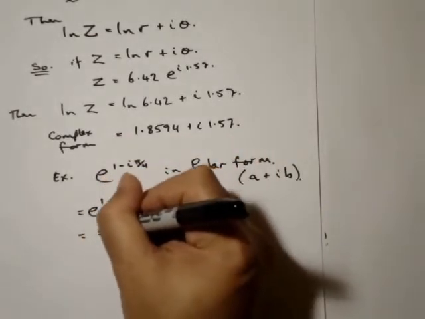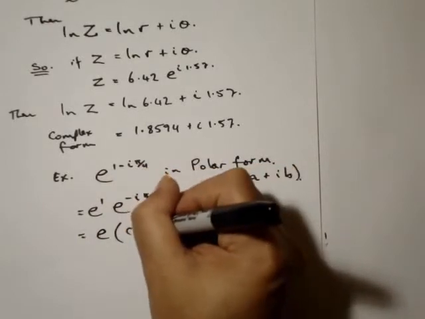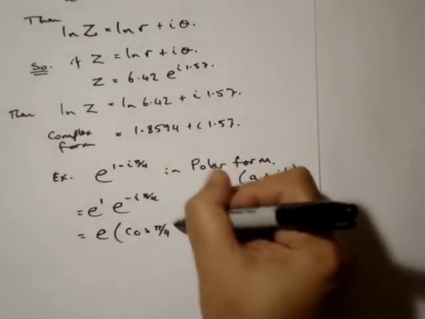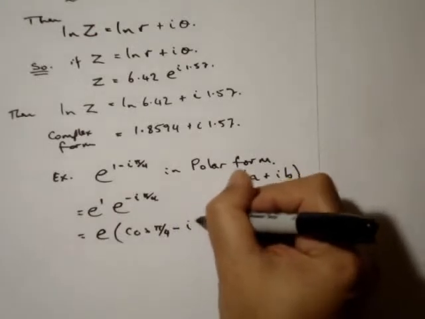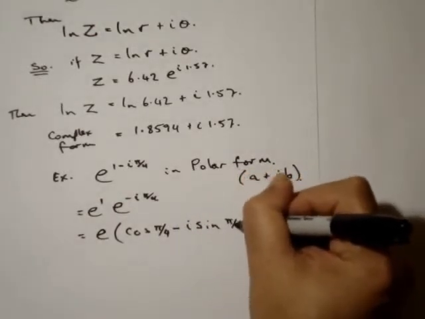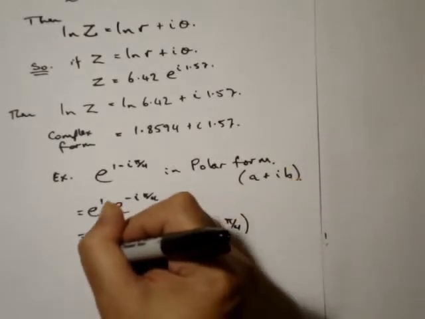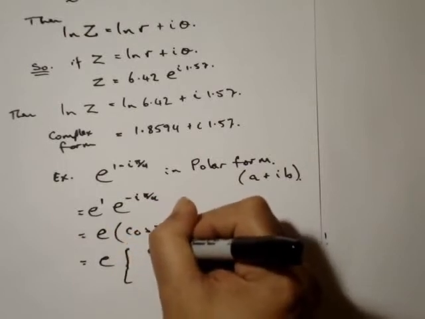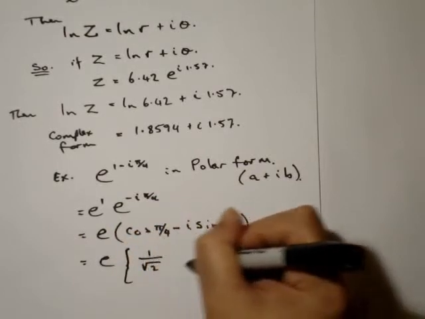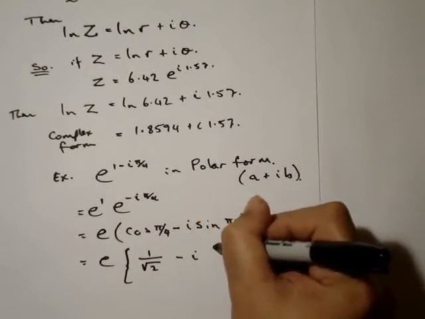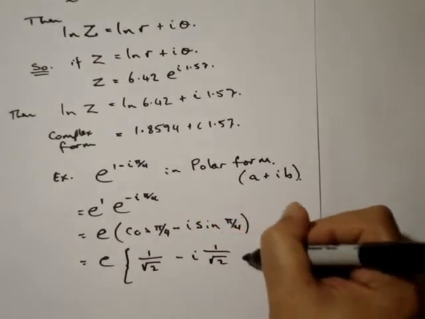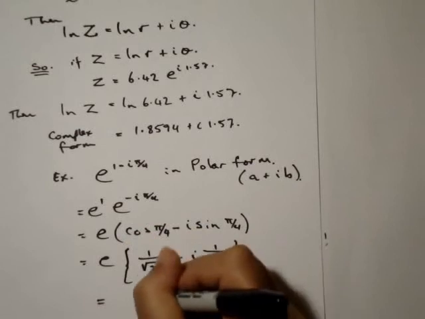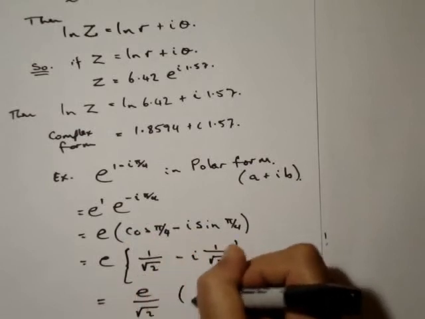This equals e cos pi over 4, because we're working in radians, and the minus goes here, minus i sine pi over 4. This equals e times 1 over square root of 2 minus i 1 over square root of 2. And finally the answer is e over square root of 2 times 1 minus i.